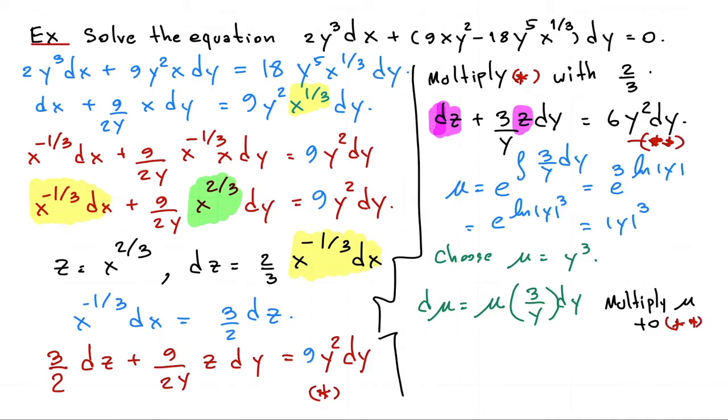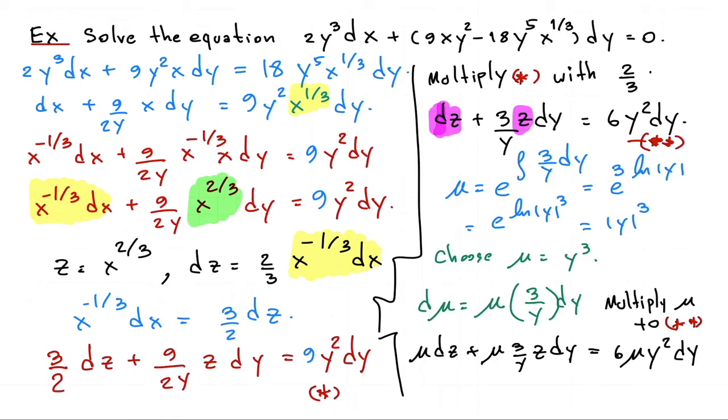So what we have is mu dz plus mu 3 divided by y z dy equals 6 mu y squared dy.